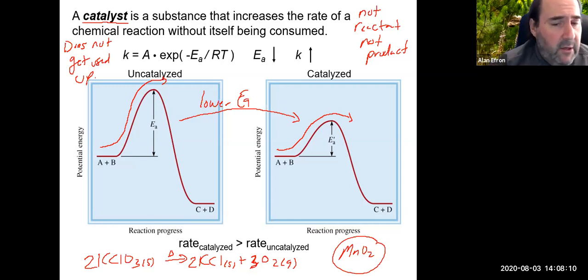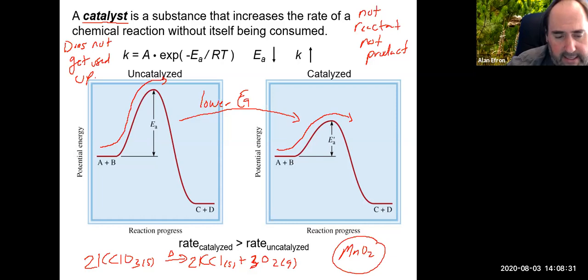That also will increase the k value, or the rate constant, which is basically the speed of the reaction. Rate constant increases, the speed of the reaction will increase as well, and that's a good measure of that. So we see activation energy go down, rate constant go up, and the reaction occurs a lot faster.